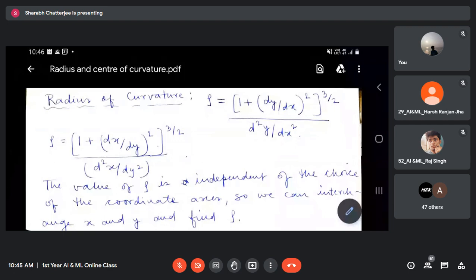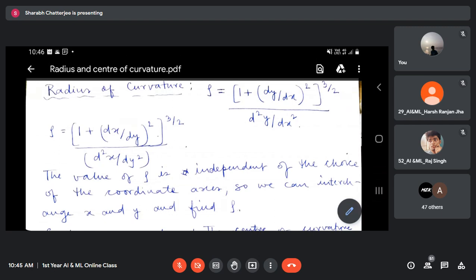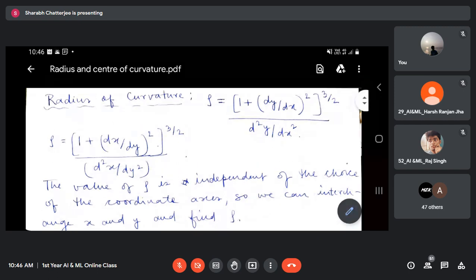This is the radius of curvature if the equation of the curve is given in y equal to f(x) form. If the equation of the curve is given in x equal to f(y) form, then it is (1 plus (dx/dy) squared) to the power 3/2 divided by d2x/dy2. They are similar. This is the same thing as we did in surface and volume of revolution: just swap x and y. So remember only the upper one. This is the value of radius of curvature. Now, given any curve and any point, I can find the radius of curvature.